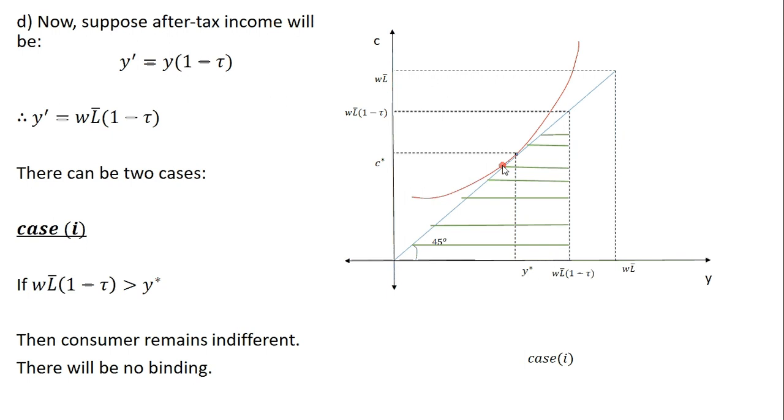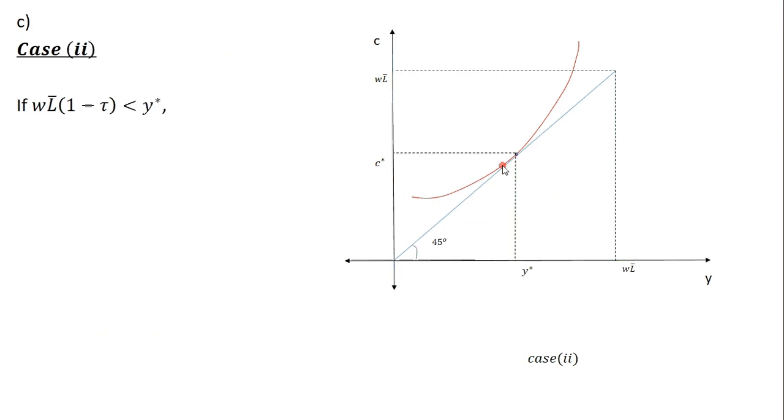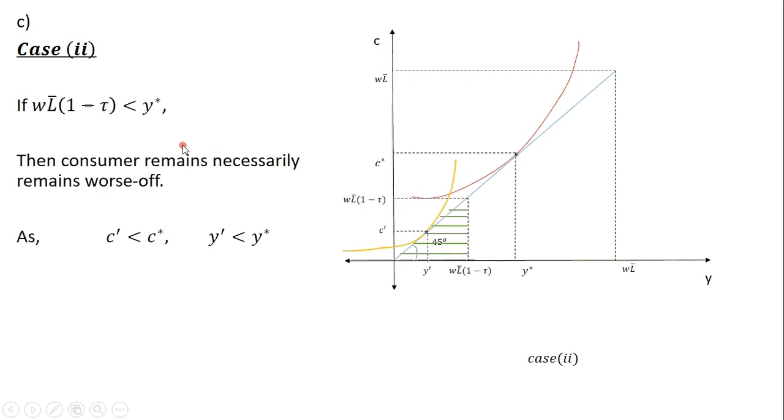Now what about case 2: what if W L bar minus tau is less than y star? Then your feasible region is reduced to this shaded area. Here the earlier choice is no longer available. Now the consumer necessarily remains worse off. Why?